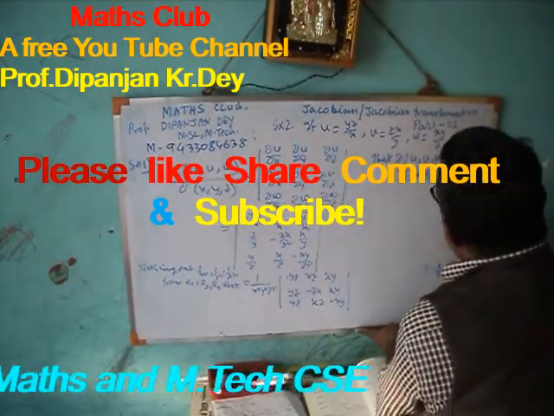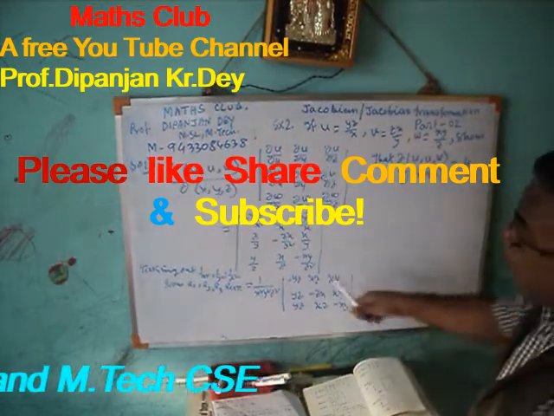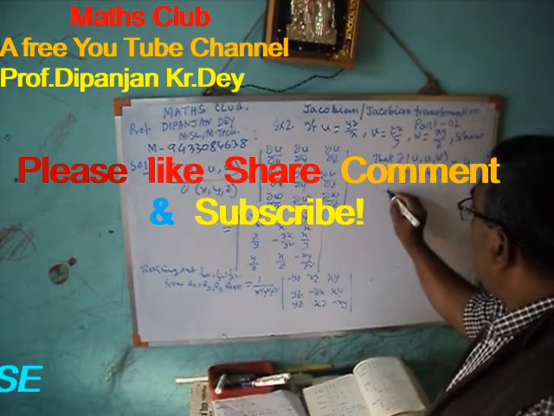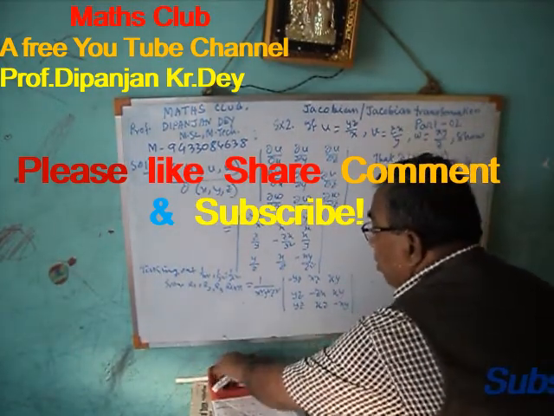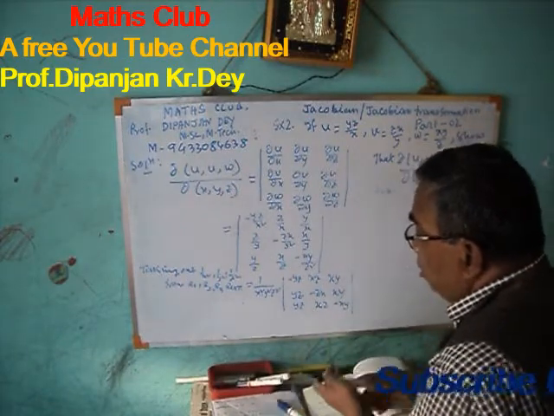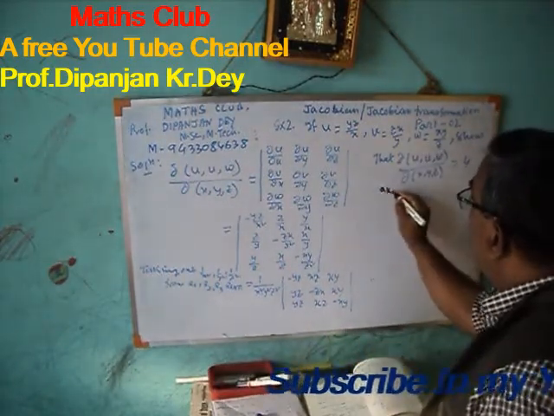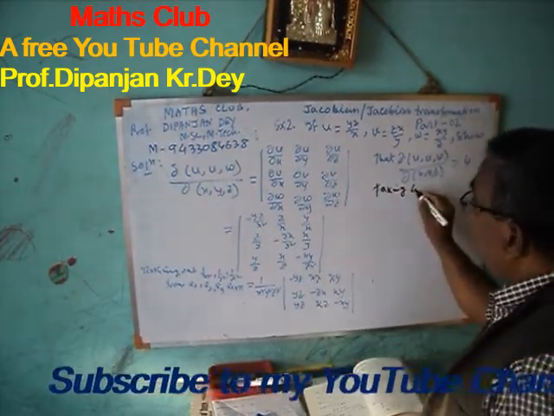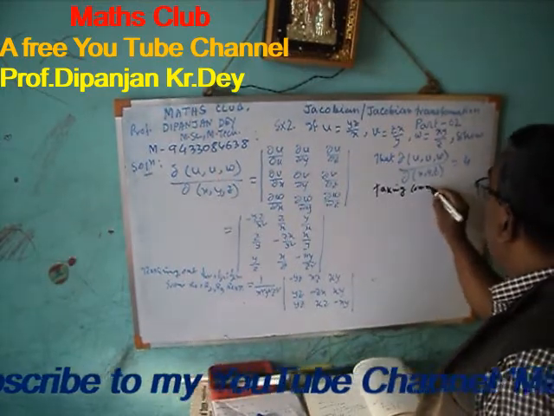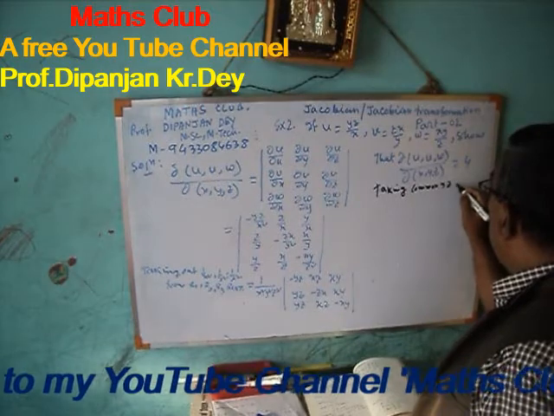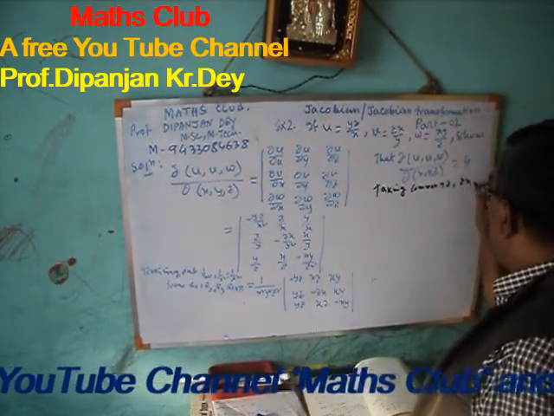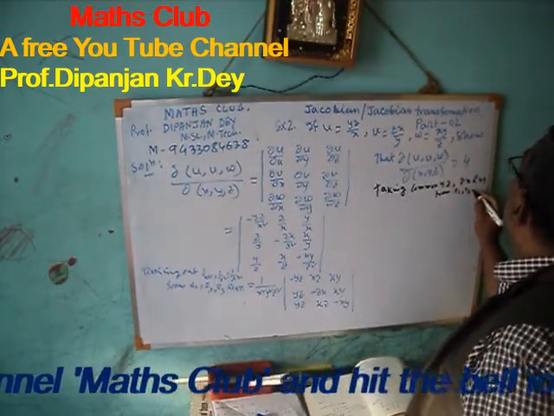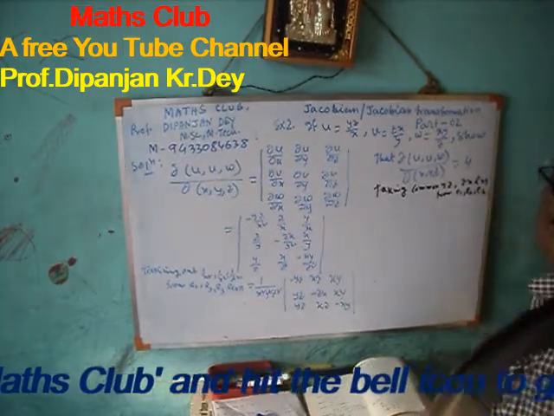So taking common yz, zx and xy from C1, C2, C3, column 1, column 2, column 3.